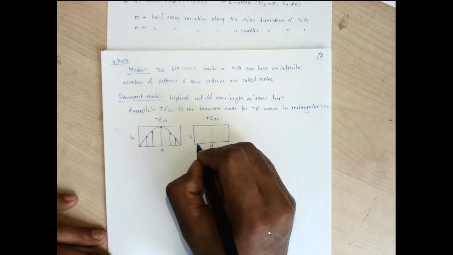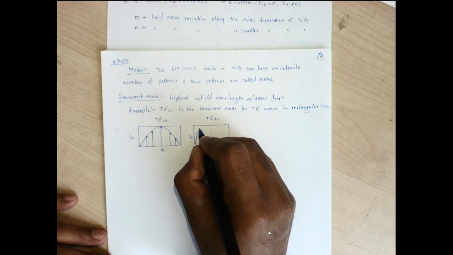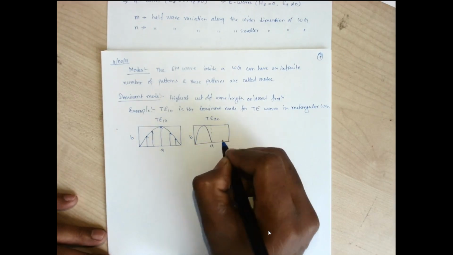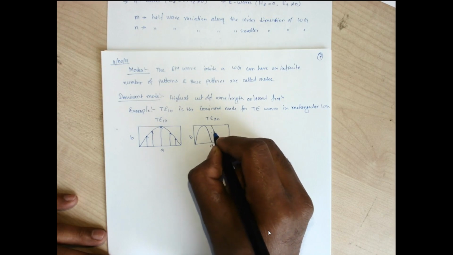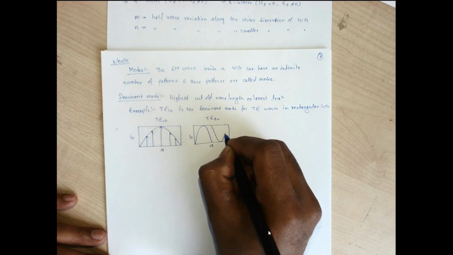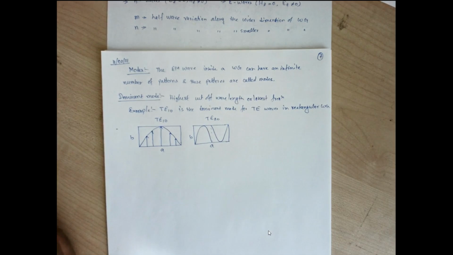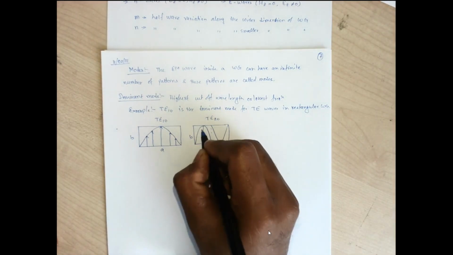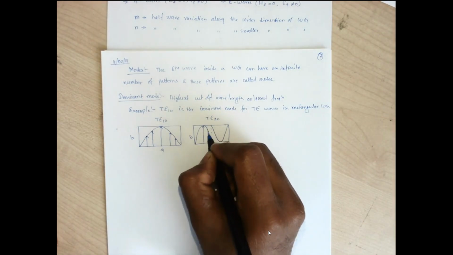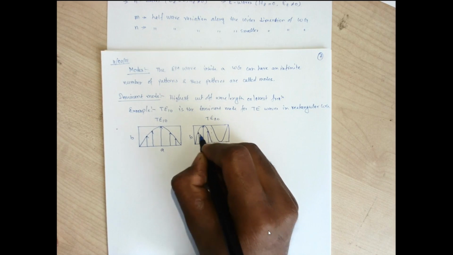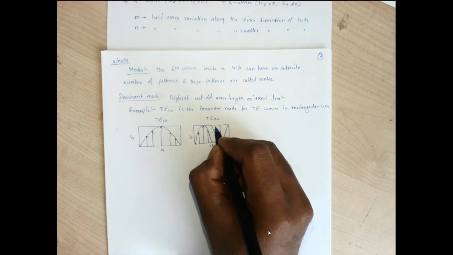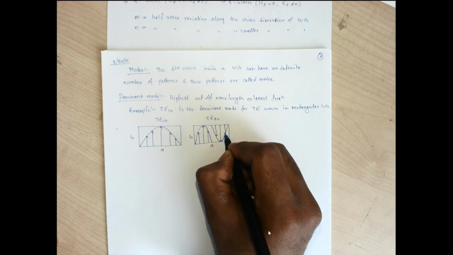For that case, these two half waves will have opposite directions. They will not have the same direction. Okay, you will find out why. For a little bit of an idea, I am just drawing this. So it has two half wave variations along the wider dimension.